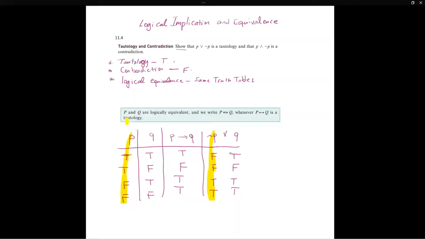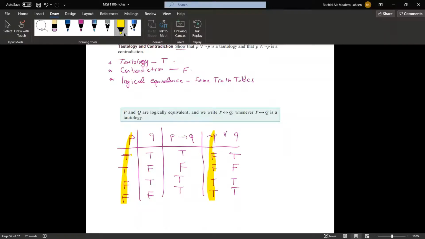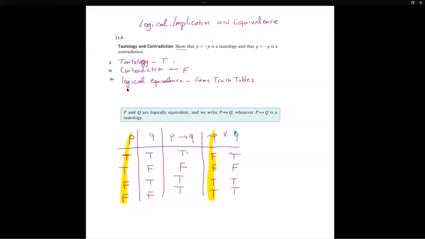So now for OR Q, this column will have the result of not P or Q. Not P is false, right? Or Q is true. So for OR, this disjunction, we need one of them to be true, or both of them to be true, to get true.